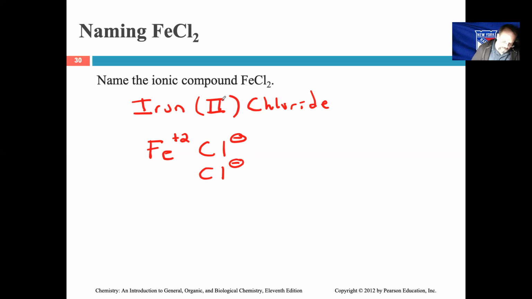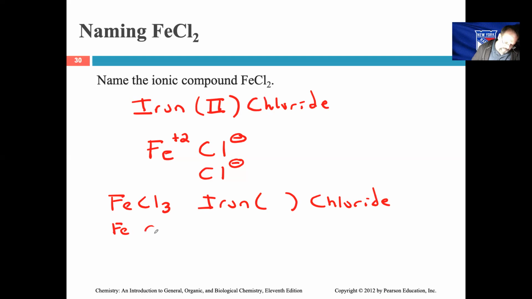Okay, just to show you, if you had FeCl3, most of the name would be exactly the same. But now, even though there's still 1 iron ion, based on the chemical formula there are 3 chloride ions. So now, what would the charge of the iron ion have to be?